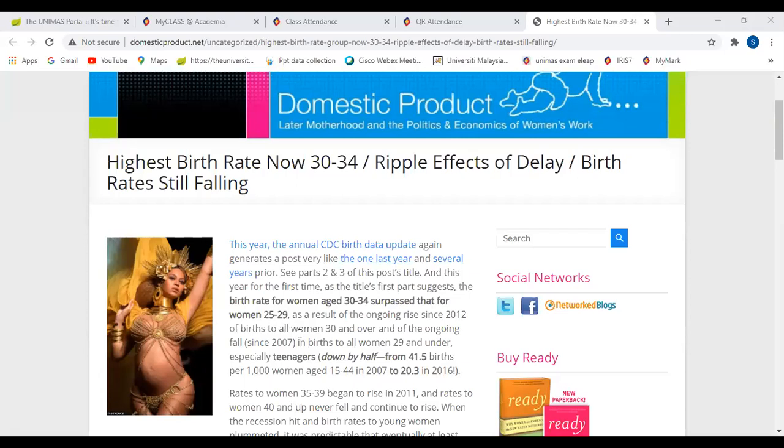Usually this is the age at which the number of births is highest, but it so happened that in this particular period in history, 30 to 34 is the highest. The reason is the ongoing rise, since 2012, of births to all women 30 and over, and the ongoing falls among all women 29 and under, especially teenagers. So teenage births have decreased.